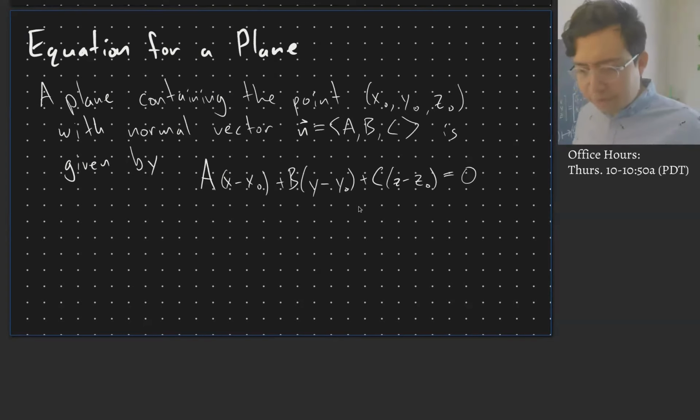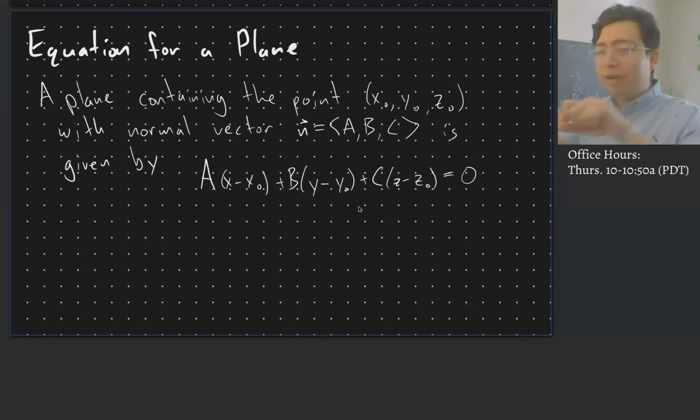In two-dimensional space, if you have a point and a slope, then you can concoct a line. This is related to that. We also talked about taking a point and a vector in two-dimensional space, and that gives you a line. But in three-dimensional space, the normal vector completely determines the plane up to where it's sitting in space. It determines the angle of the plane, if you will.